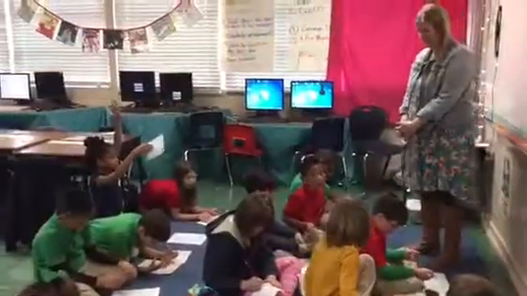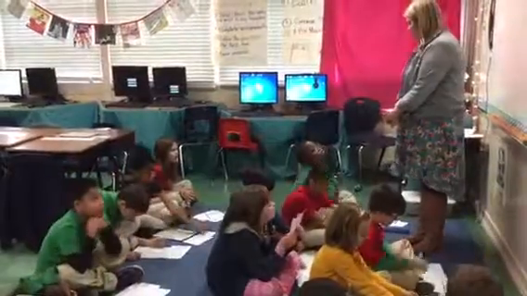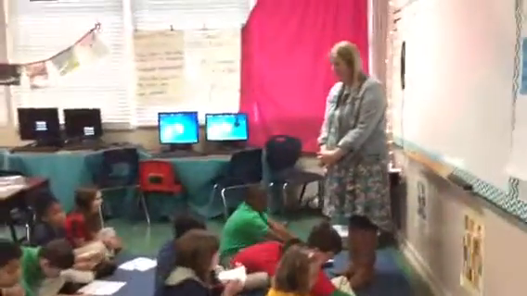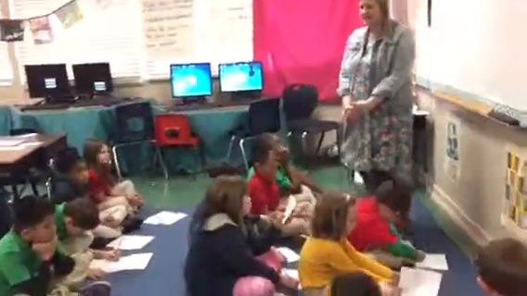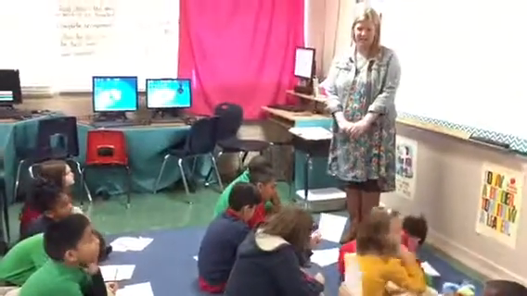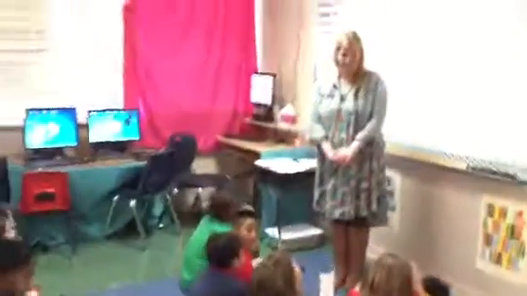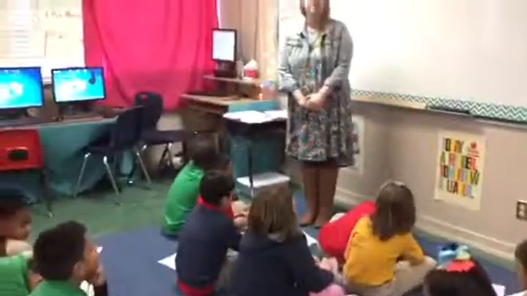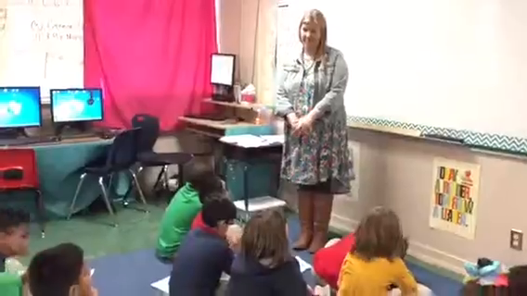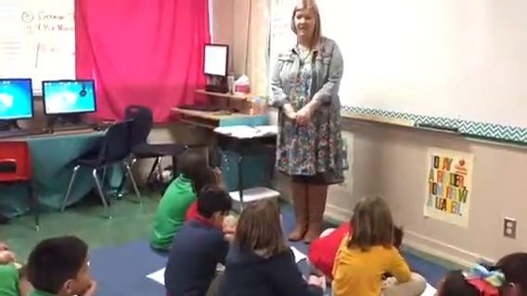Oh, class. Oh, yes. We talked about details and elaborating. Someone remind me why we need to add details in our writing. McKenna? To make our reader like our story and read it again and again. Very good.